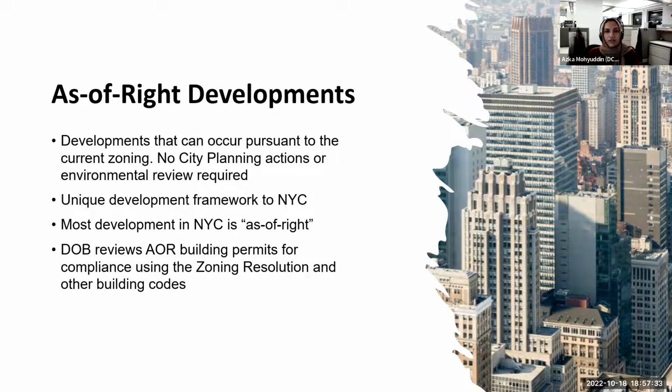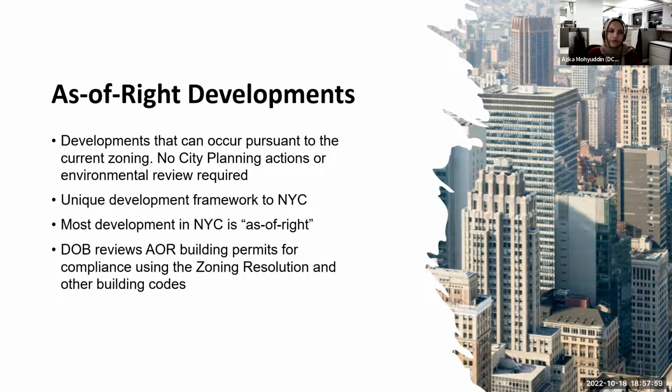So if it fits within the zoning resolution, there is no need for it to go through any approvals. It goes straight to the Department of Buildings for a permit. The Department of Buildings will review the building permits and confirm compliance with the zoning resolution and other building codes.